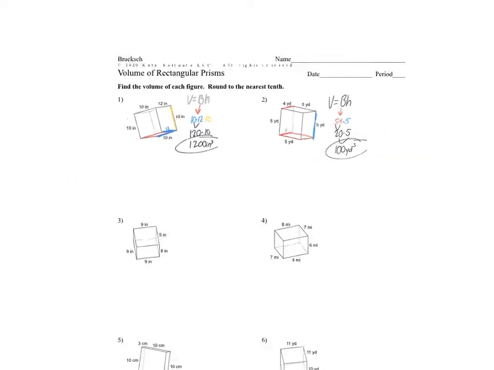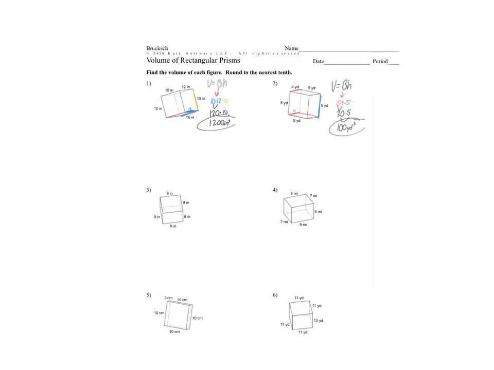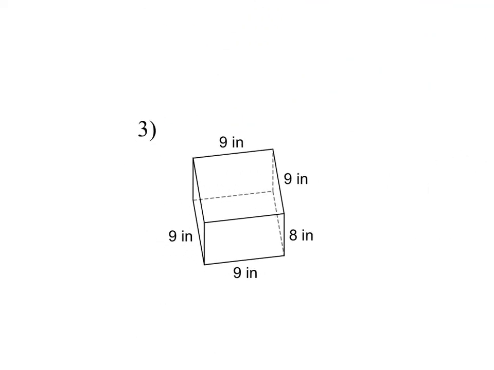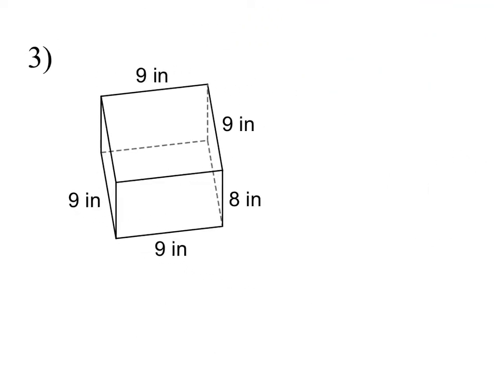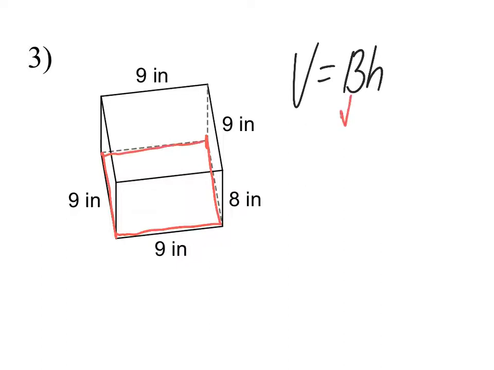I'm going to pick a slightly more difficult one to see. Actually, number 3 is not too bad, just because of the way it's set up. So again, we're going to do volume equals area of the base times the height. We're going to be using that very bottom rectangle for our area of our base. So this is going to be a 9 by 9. It's already marked for us.